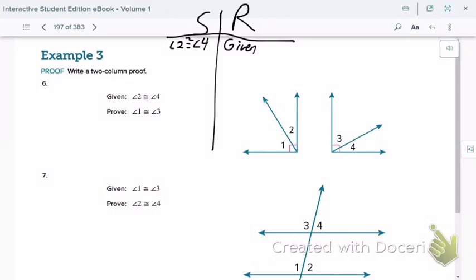Okay, we have to prove that angle 1 is congruent to angle 3. It's given that angle 2 is congruent to angle 4. What else do we know that hasn't yet been stated? Let's get an equation on paper.